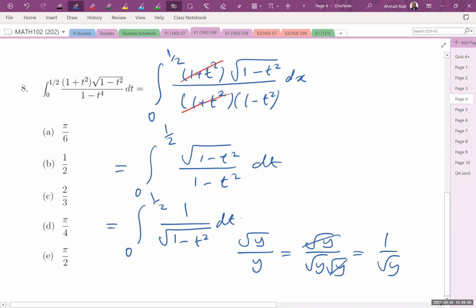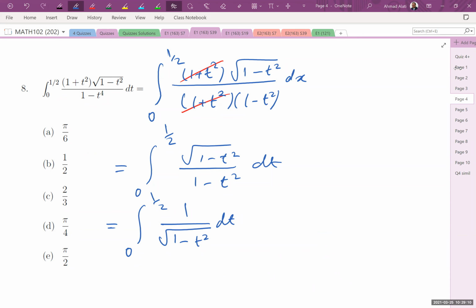Now let me ask a specific student. Musallam al-Haji. Musallam al-Haji is absent. Yes, Doctor. Yes, Musallam. What is this equal to?